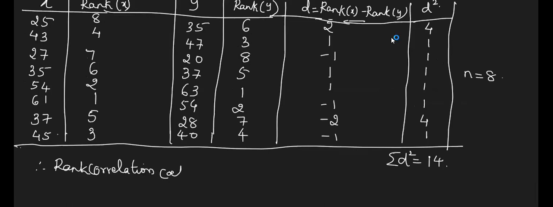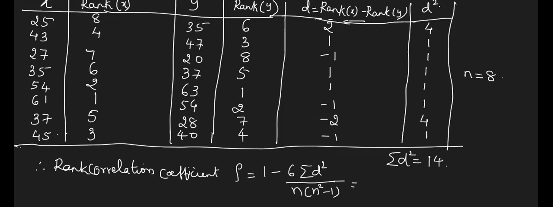This formula is again one more different. Do you remember what notation we used for rank? Rho. So the formula is 1 minus 6 into summation d square divided by n into n square minus 1. Remember the formula, no other option.